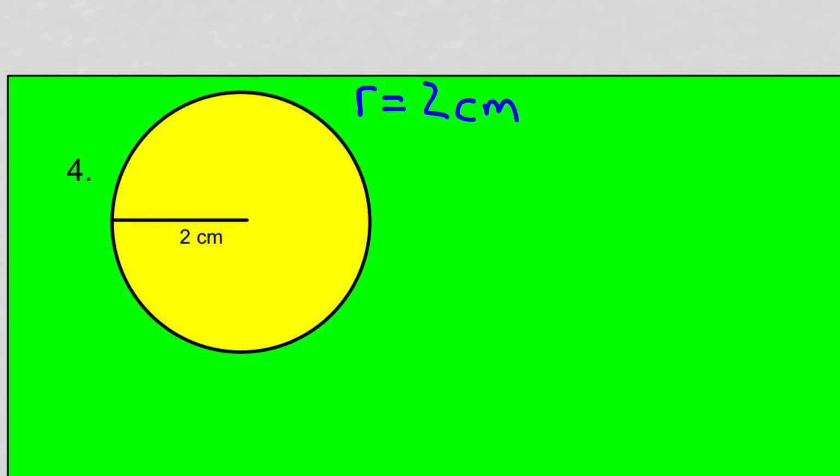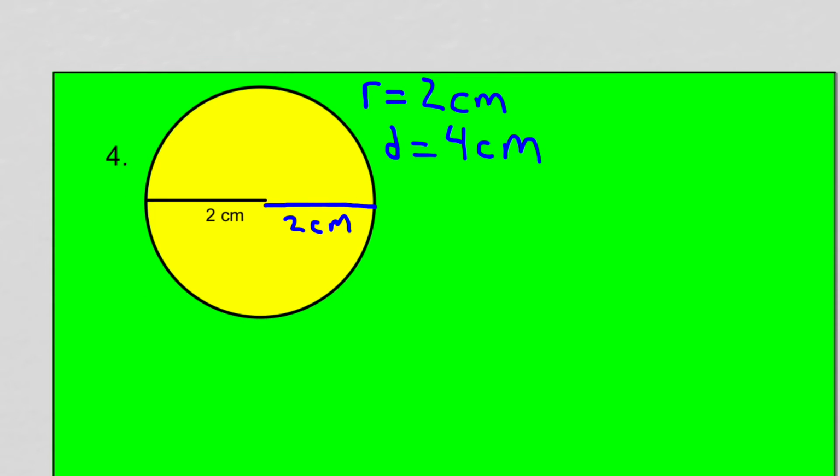Now remember, radius is half the diameter. So if this distance is 2, from here to here would also be 2, and so that entire distance would be 4 centimeters.